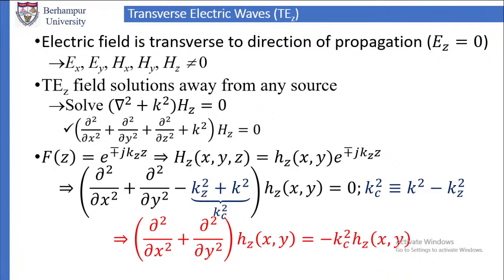The longitudinal component is the component along the direction of propagation. Transverse components are those transverse to the direction of propagation, which here are Ex, Ey, Hx, Hy. Longitudinal components are Ez and Hz. Ez is equal to 0, which means if we know Hz, then we can find out Ex, Ey, Hx, Hy.